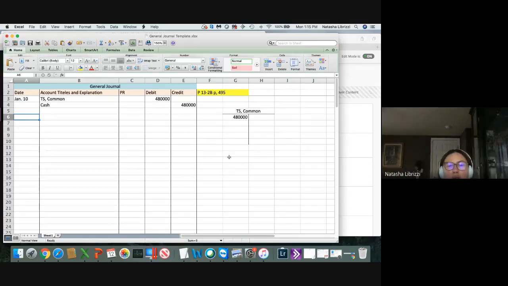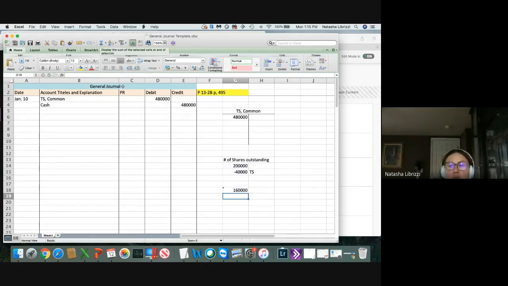This is the number of shares outstanding, so let's keep tabs on it. We started out with 200,000, and I just bought 40,000 of treasury stock. You keep a total of it somewhere on the side.